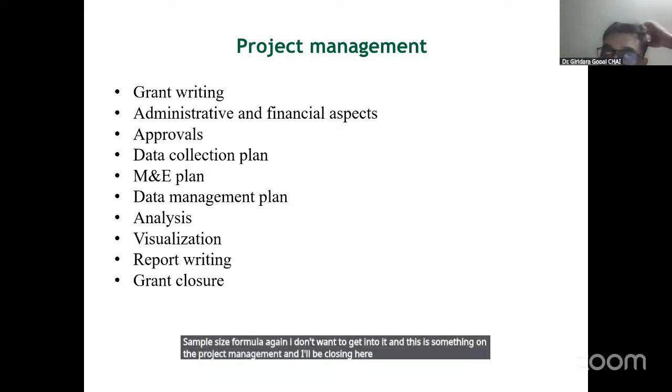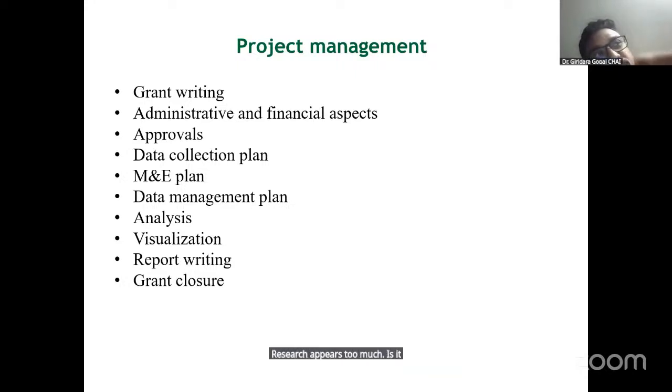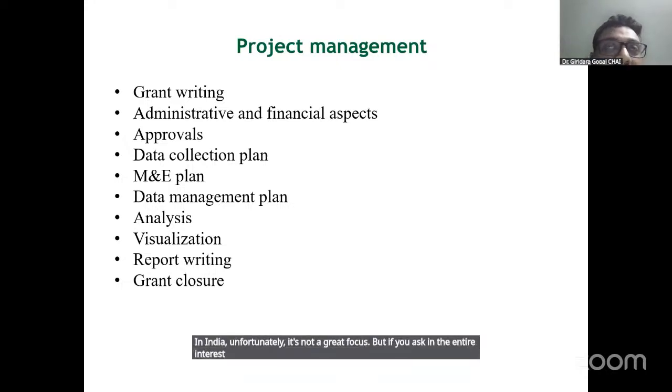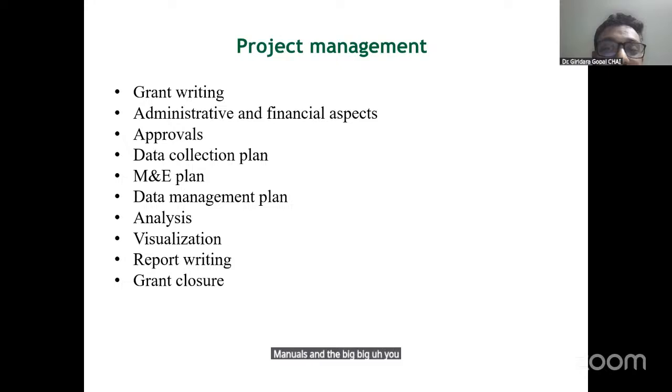In the entire process, you may wonder, research appears too much. Is it something that clinicians should do? In India, unfortunately, it's not a great focus. But if you ask how Western countries have been able to be better when it comes to making the Harrisons and the big Davidsons and the big Hutchinsons and the big manuals, and you have all the surgery books, all are foreign authors.